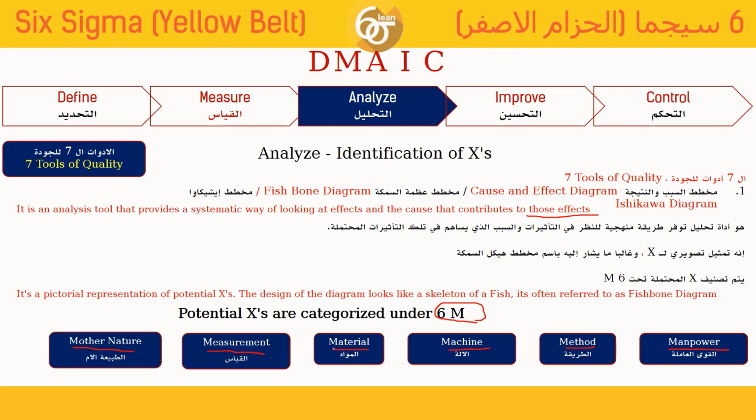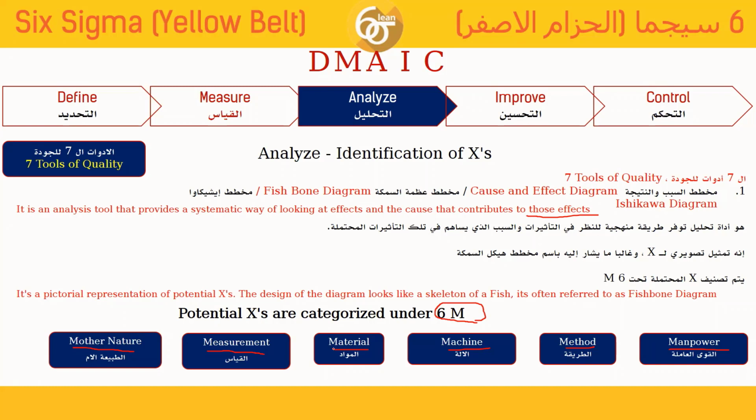These are 6 categories, 6 factors. Your problem or your X will not be outside of these 6. So you have to consider these 6. You have to put down the root cause that you came up with from the data analysis or from the brainstorming.